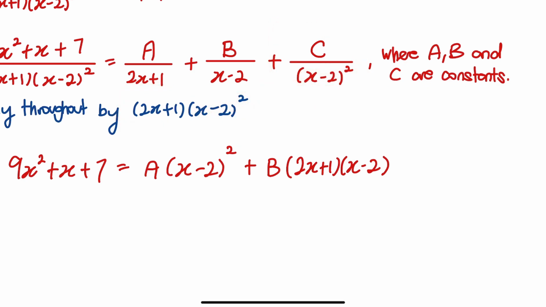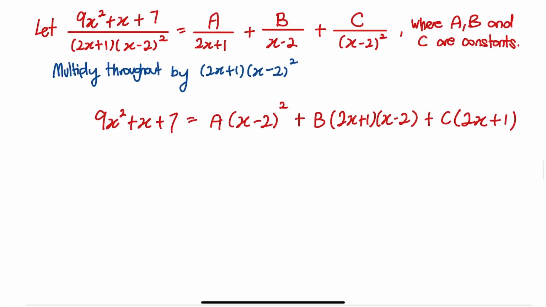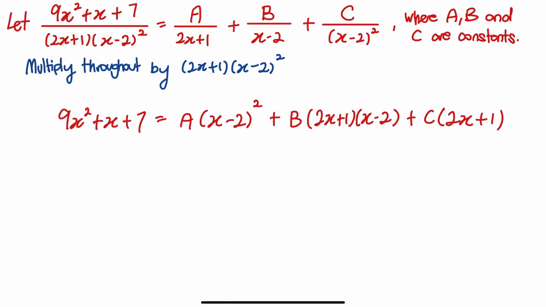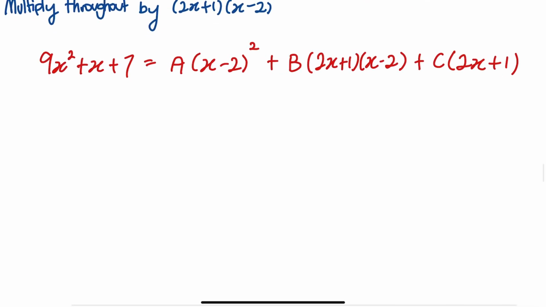I'll be left with plus c times 2x plus 1. Okay, so once I've done that, now I've obtained this polynomial identity over here. My next step is to simply figure out what values of x I can sub into this identity to find the values of a, b, and c.